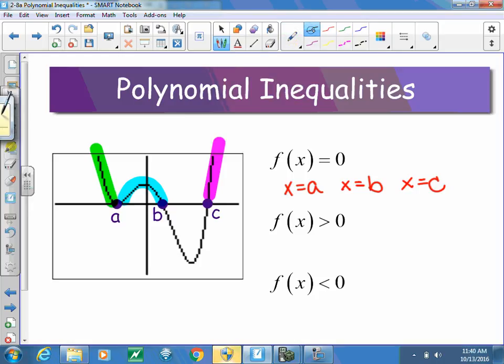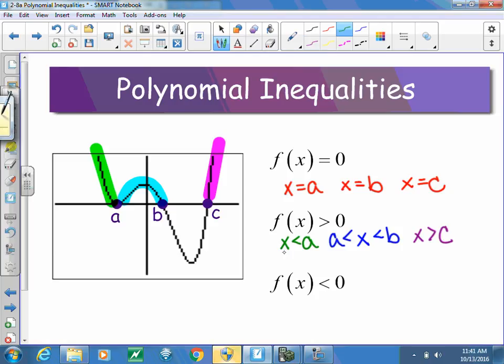So there are actually 3 separate intervals where our function is greater than 0. We have the values of x that are less than a, the values of x that are greater than a but less than b, so between that interval, and lastly, the values of x that are greater than c.